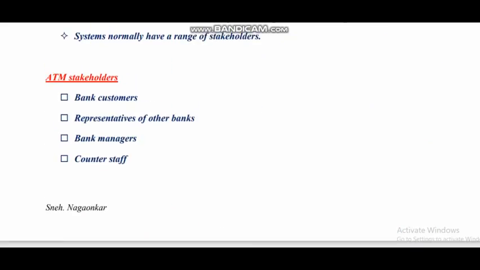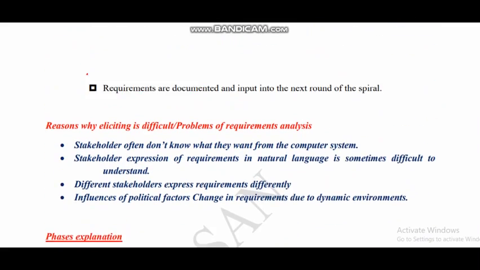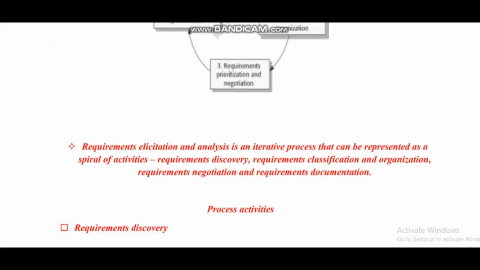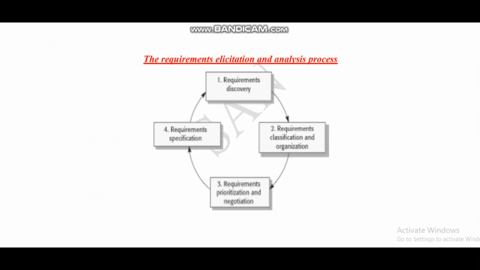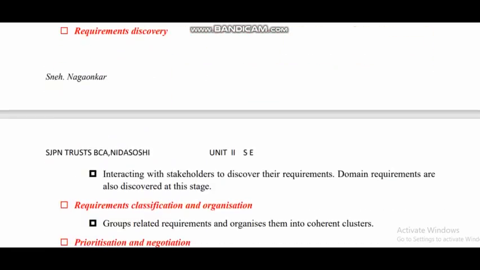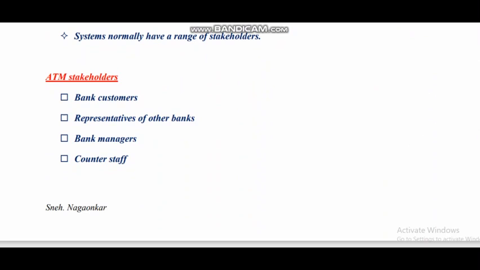So there are different views of different users when it comes to requirement discovery. Still we are seeing the first page, that is requirement discovery, and this is one example. In this example, I am telling you about different kinds of users.